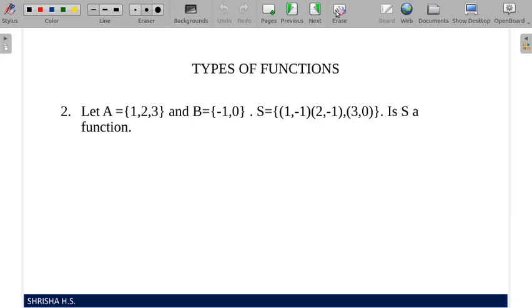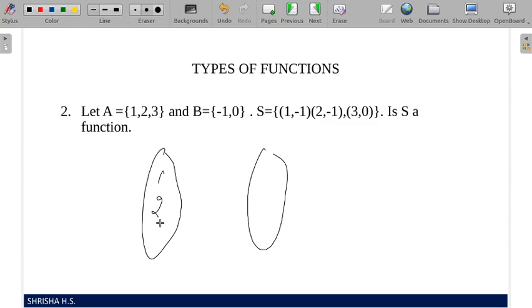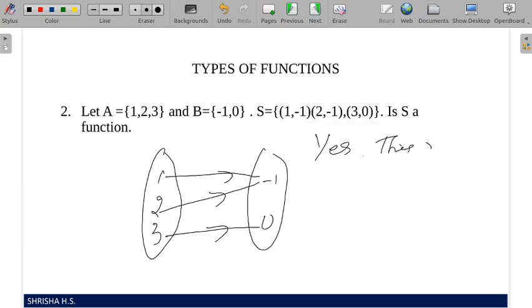Okay, so let's take a second problem. Let's see if it is a function or not. So 1, 2, 3 and -1, 0. Let's map 1 to -1, 2 to -1, 3 to 0. So yes, this relation is a function. Why is this a function?